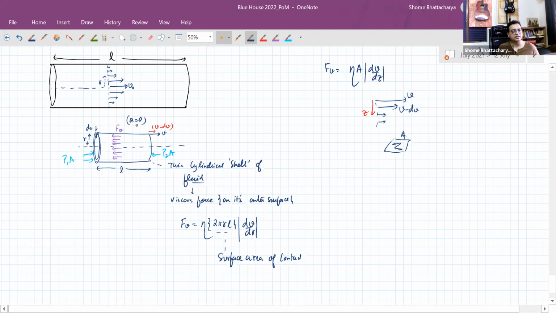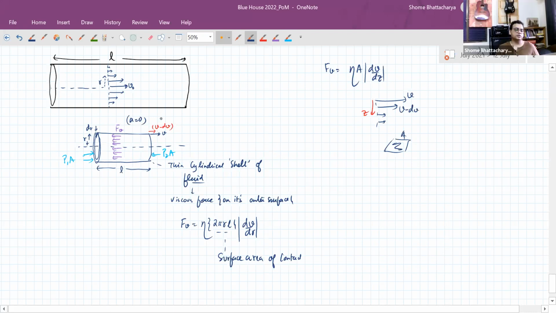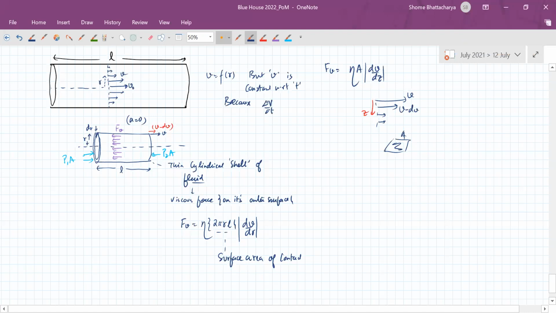It's having a velocity gradient radially, but each layer is moving at uniform velocity with respect to time. That's the only way the volume rate will be uniform. So V is a function of R, but V is constant in time, because our volume flow rate delta V by delta T is uniform.